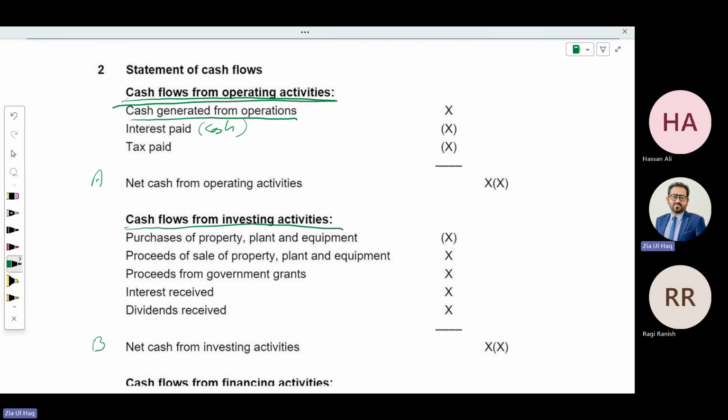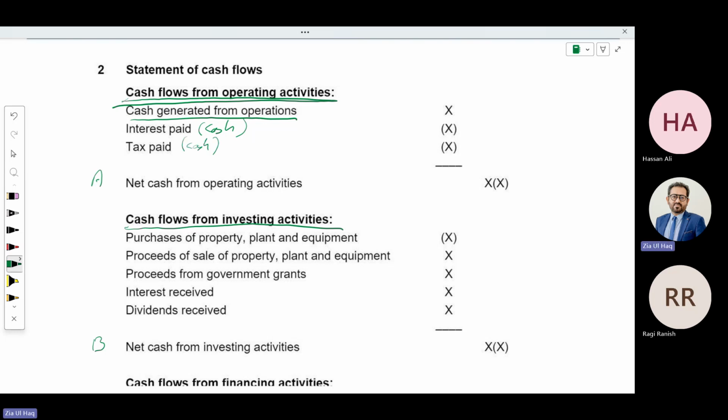Interest expense is what we charge to the profit and loss account, but interest paid is different. The finance cost that we record in the financial statement could be different from cash paid. Then we need to deduct the tax paid, only cash.